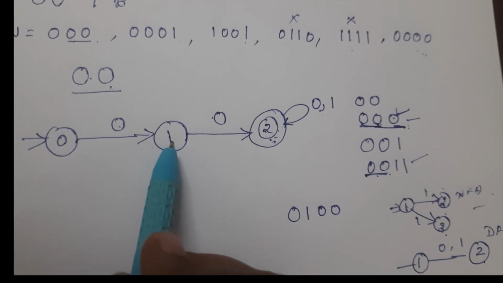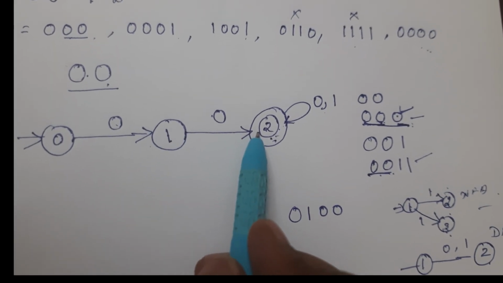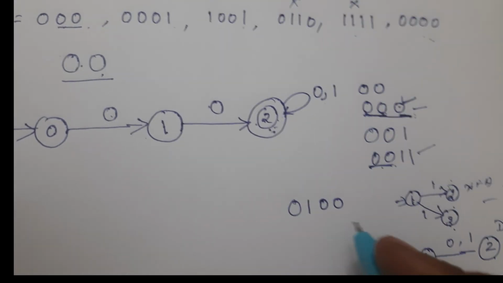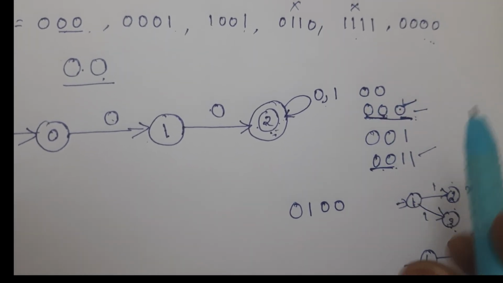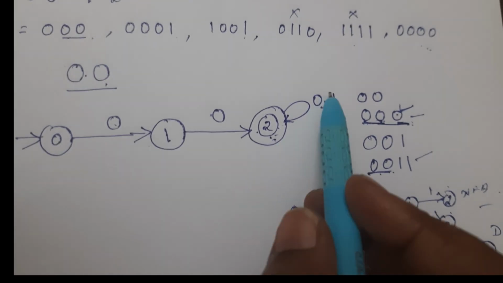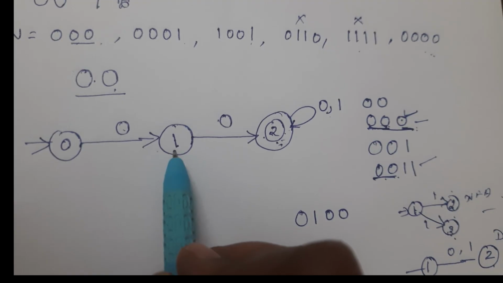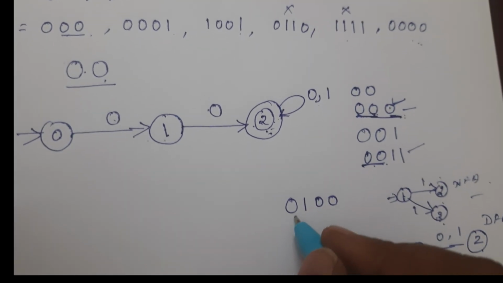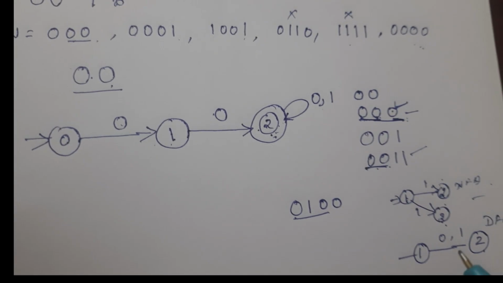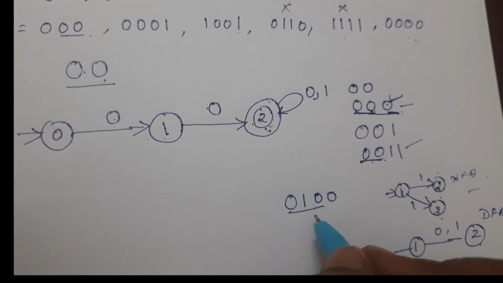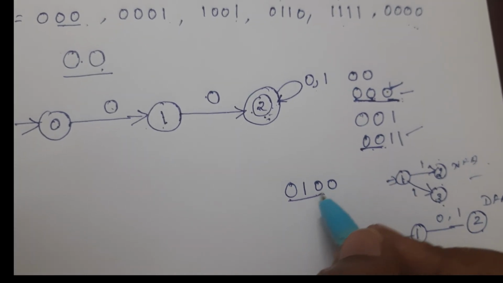After this, if you give 1 0, it should move to the final state. After that, any number of zeros or ones is accepted. But if in between you give 1, that pattern is not the correct pattern that we want. This is the pattern that we want.